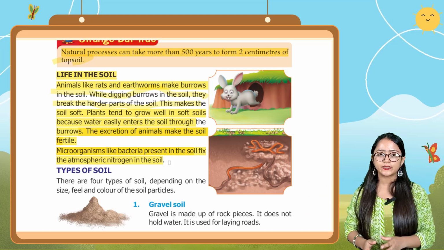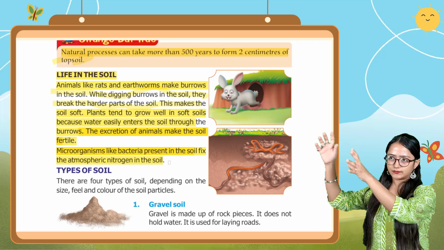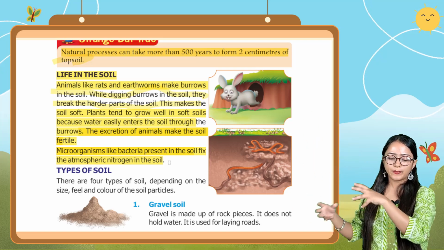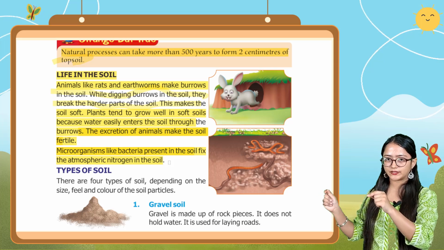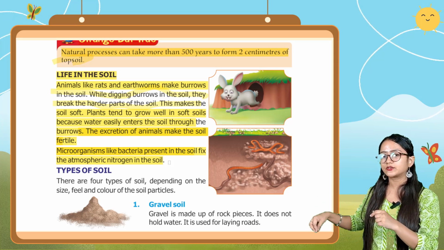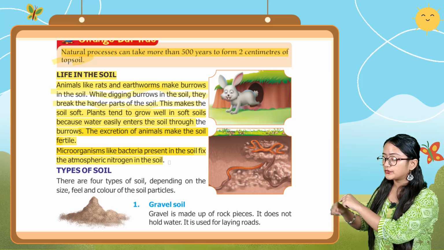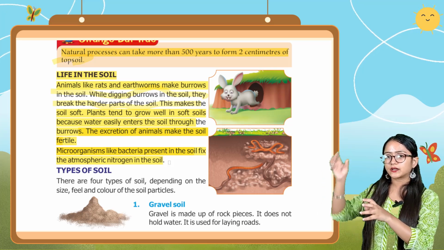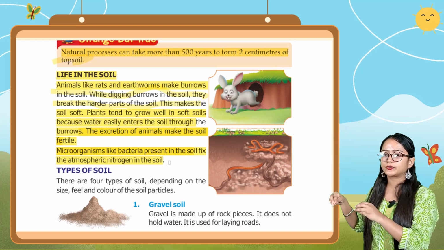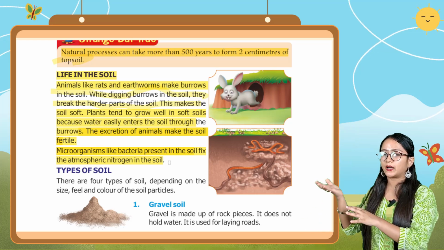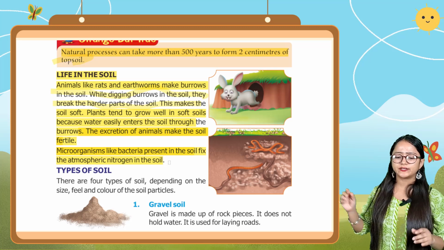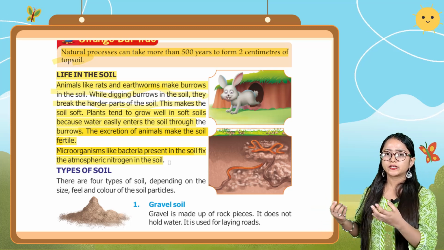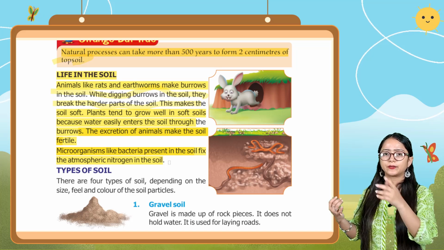The atmospheric nitrogen is caught by the bacteria rhizobium, which is present in the root area of the plant, and it converts the nitrogen into mineral form and gives it to the plant. This rhizobium is present in leguminous plants, for example peas.